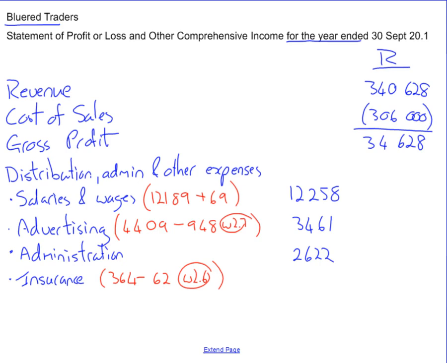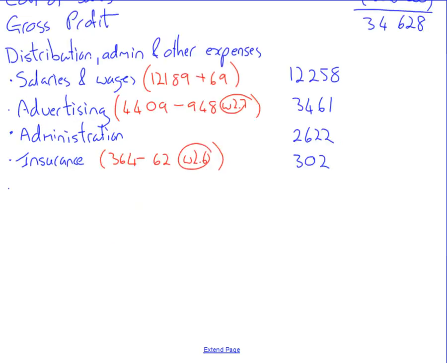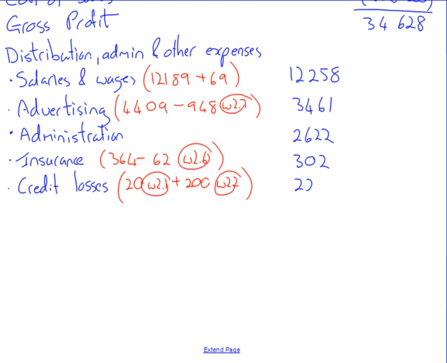Taken out. So we took that 62 out of the expense, and we were left with 302. Next up, we had our two credit losses. And those credit losses were the 20 Rand from working 2.1, and the movement in the allowance for credit losses from 600 to 800 being the working we did in working 2.2. So in all, that was 220.